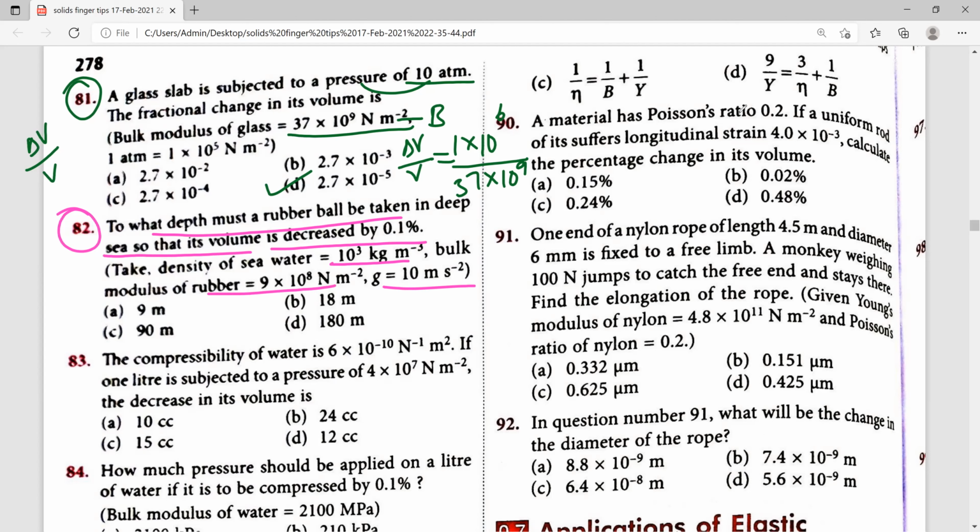Let us assume H is the depth at which the rubber ball is taken. Then we use the formula P is equal to rho G H; let us consider this as equation 1.